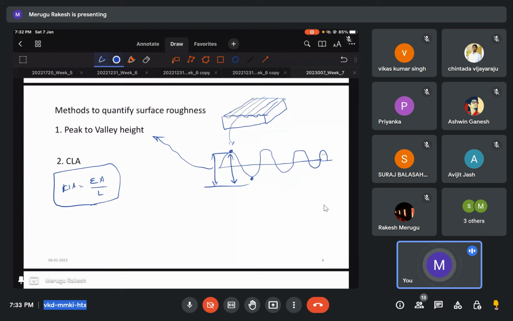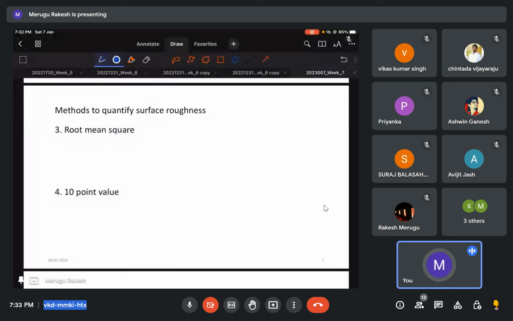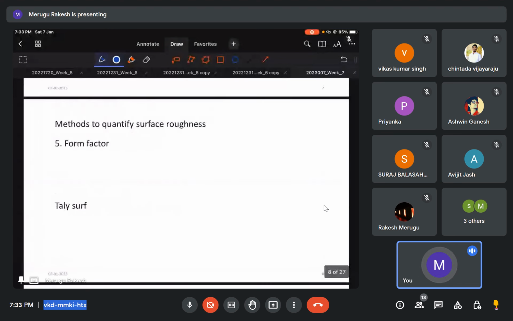Let us see some of the other things. The other methods to quantify surface roughness are the root mean square value or the 10-point value, and we have the form factor, and we finally end up with the measuring device, that is the Talysurf. This Talysurf is nothing but a device. I'll just explain this quickly.